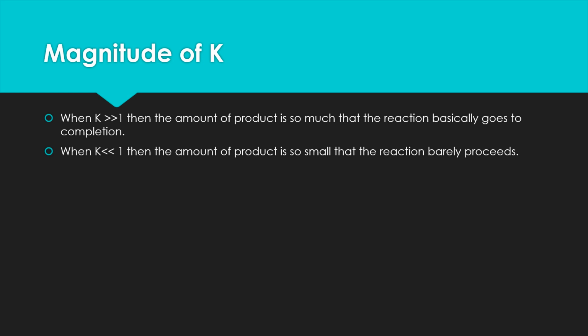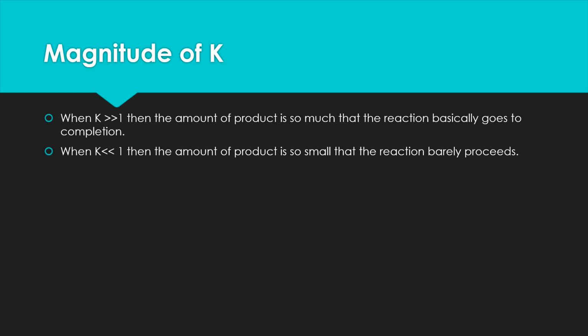That means we create so much product and barely any reactant that we say the reaction basically forms only product. It's such a tiny amount of reactant that it is negligible or doesn't matter.